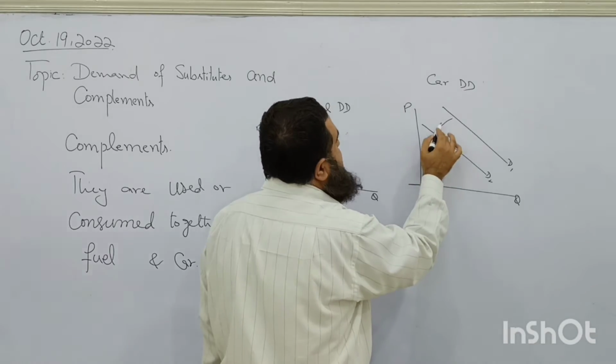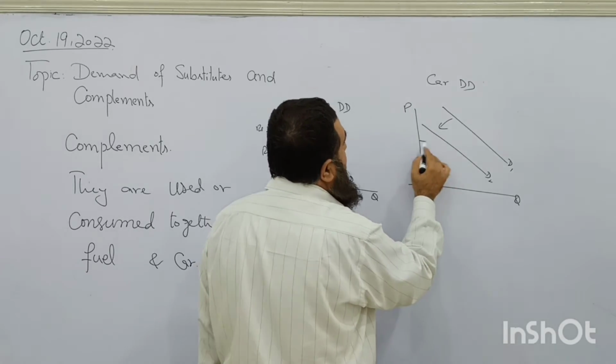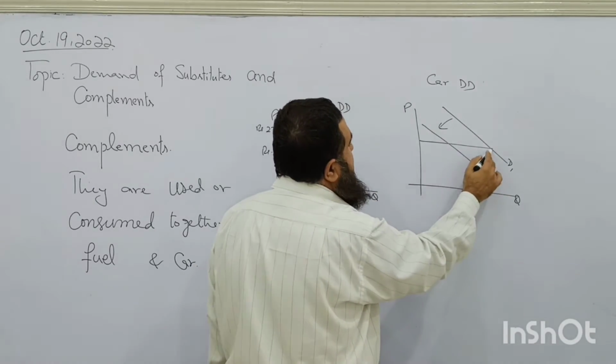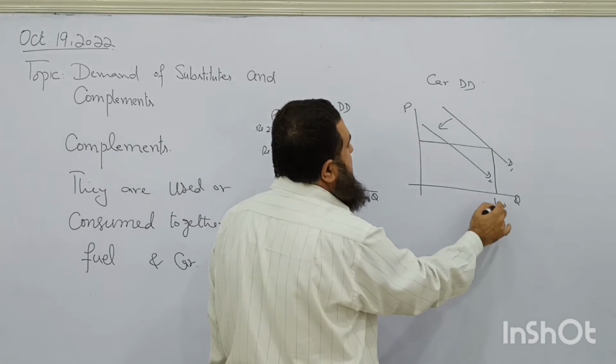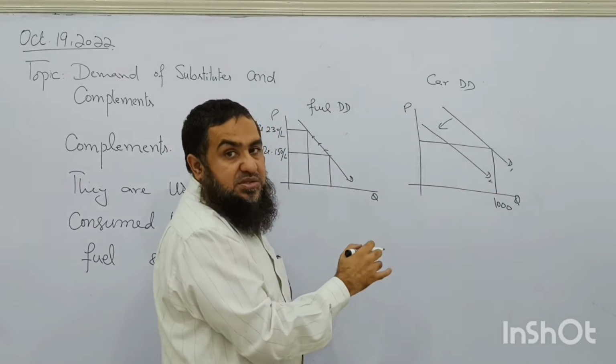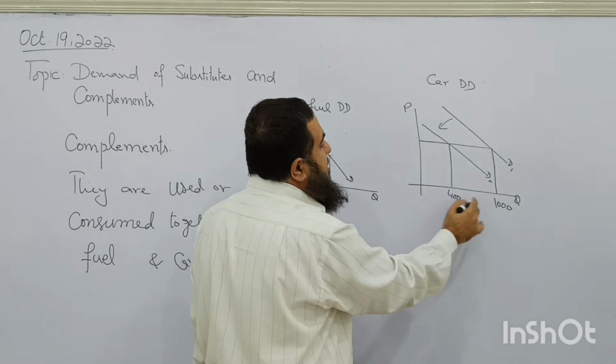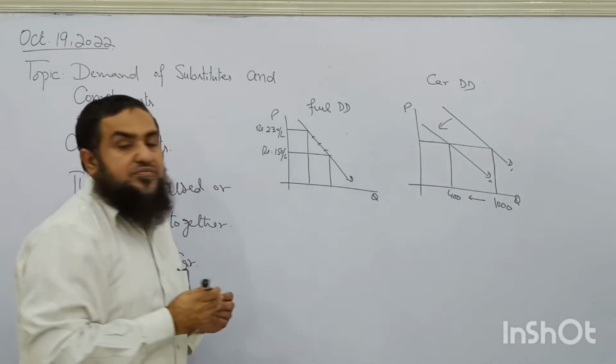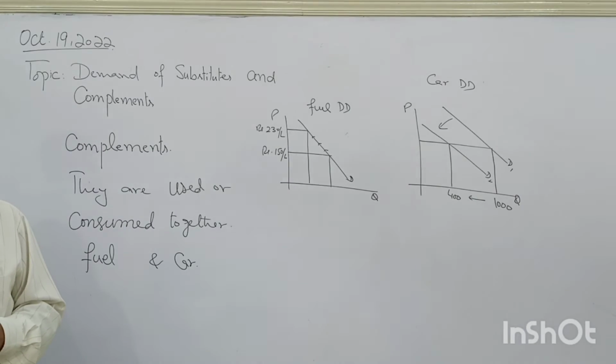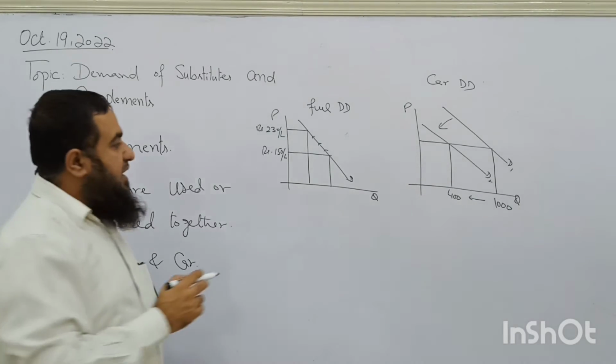So when fuel is becoming expensive, although car price hasn't changed, previously 1,000 cars were sold in 1 month. So nowadays there are going to be 400 cars which are sold. Clear? Anush? What is happening?